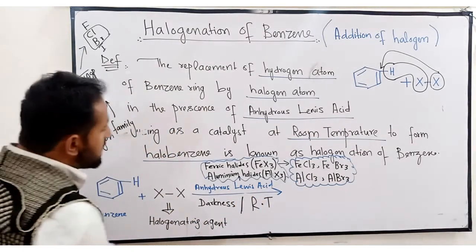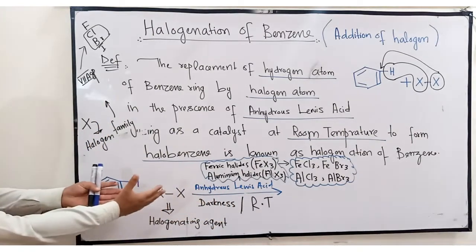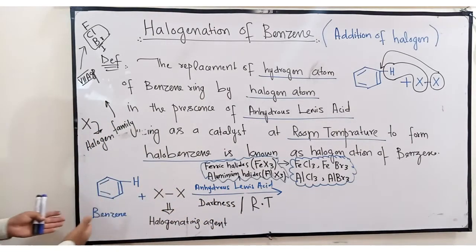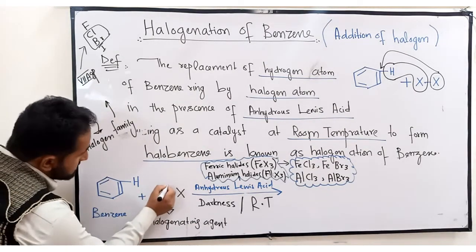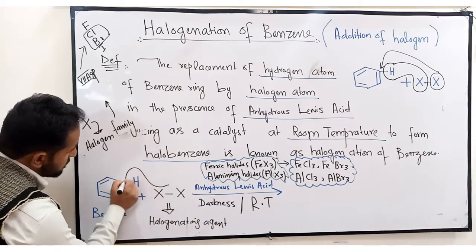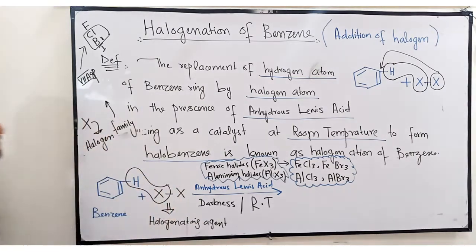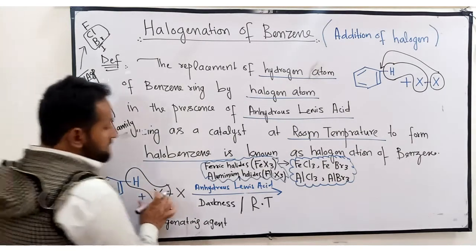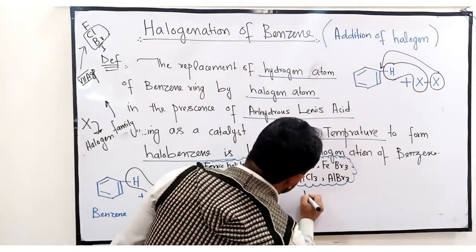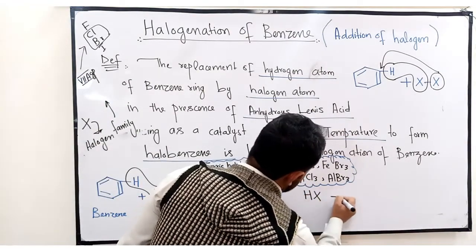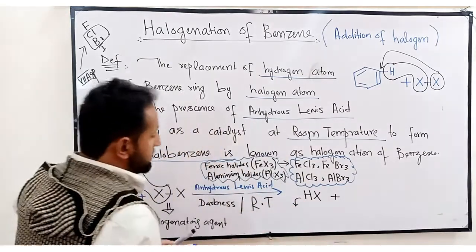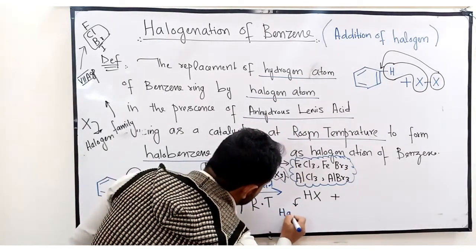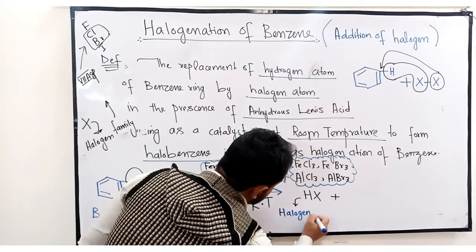Now what happens if I apply these conditions to these two, that means benzene and the halogenating agent? Then simply this X atom will react with this hydrogen atom of the benzene molecule. One product formed here will be HX. Understand? This is known as a halogen acid.